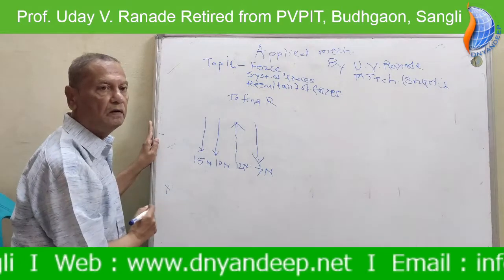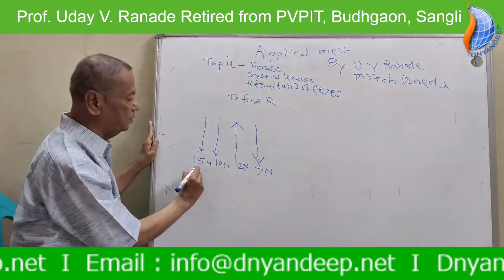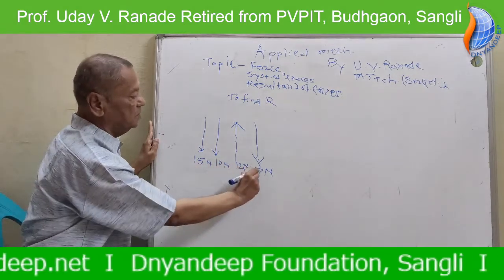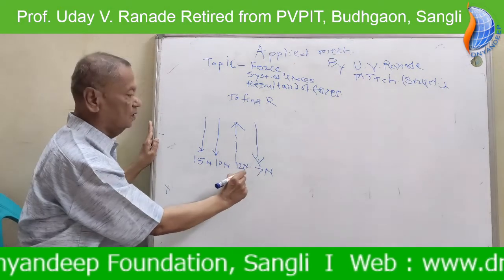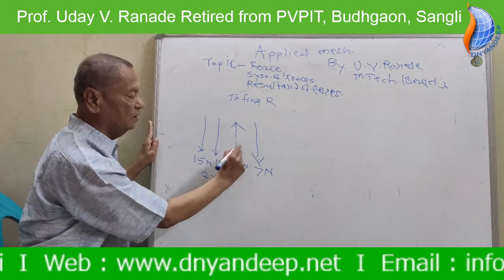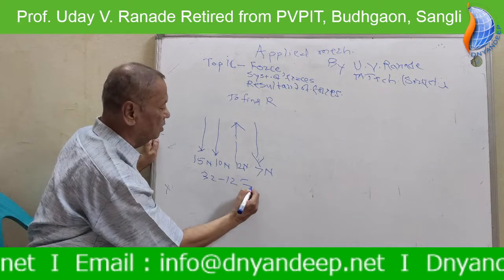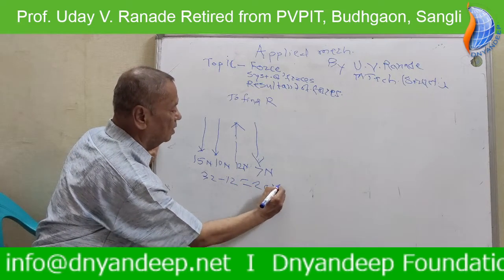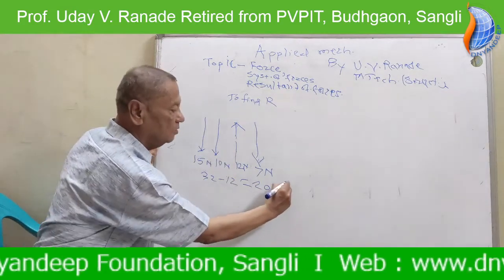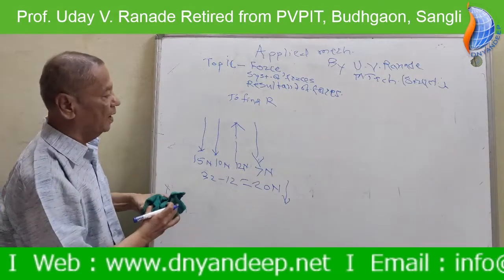Now to find the single force or resultant, what will it be? 15 plus 10, 25, plus 7, 32. Are you getting? Now 32 is downward, minus 12, equal to 20. Now what is its direction? These are downwards, so this is downward. And these are parallel.